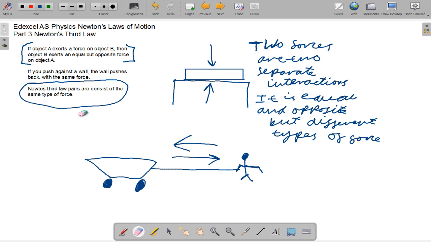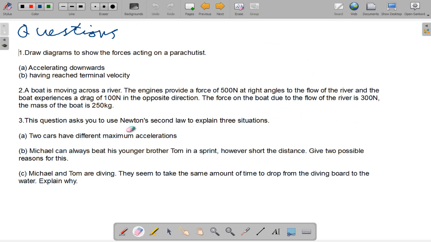So now we'll move on to some questions talking about force diagrams. What a force diagram basically is, when you have a body of mass, you can represent its forces like this: weight having a gravitational force, and if it's on a table, it could also have a reaction force.